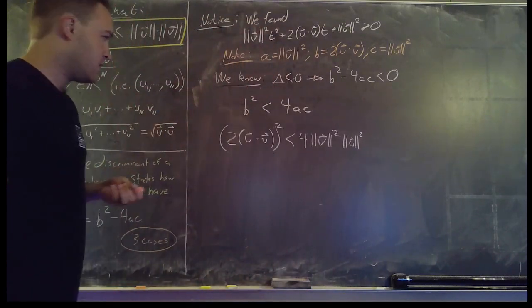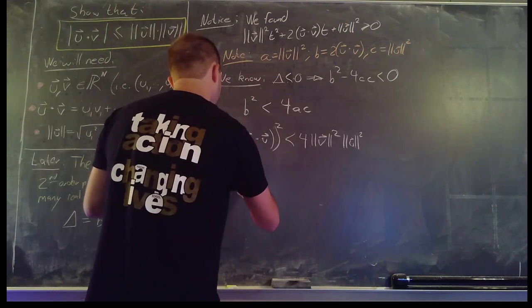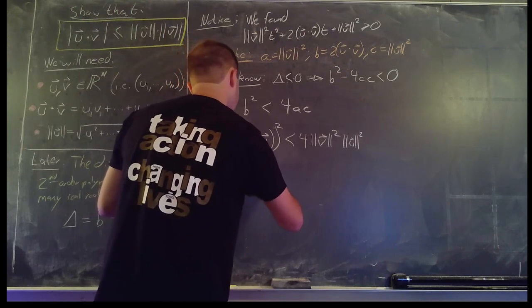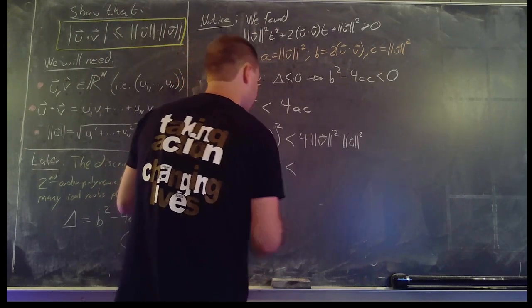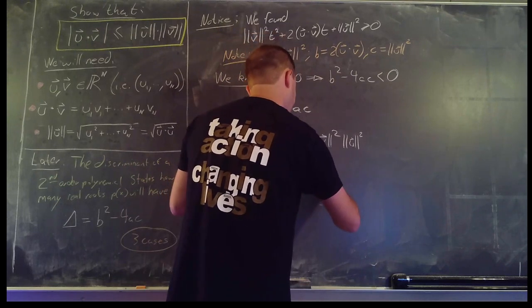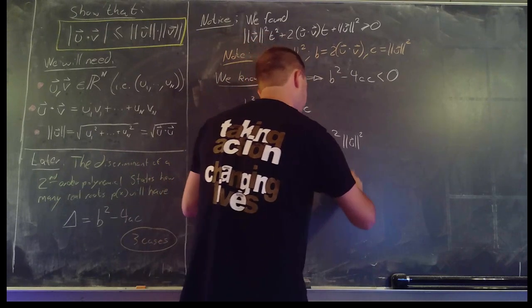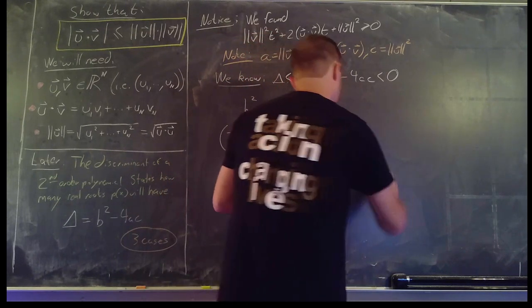Now we should note that this is 4 times u dotted with v squared less than 4 length of v squared length of u squared.